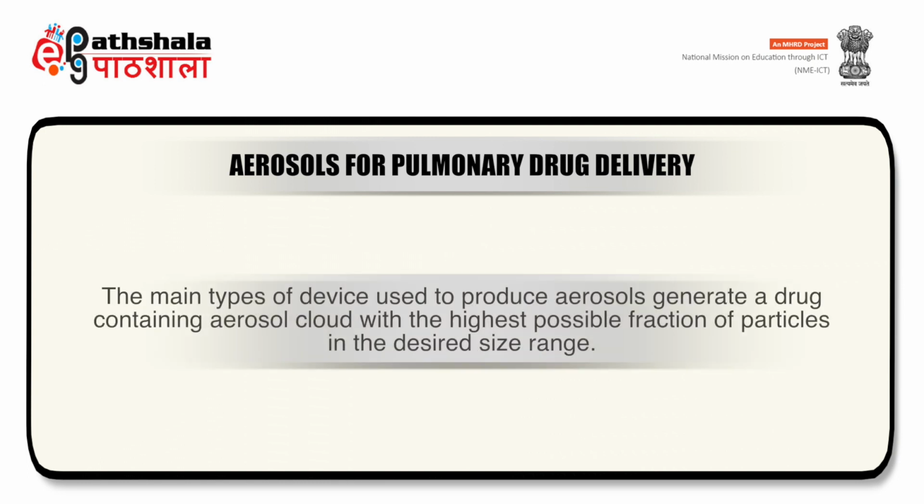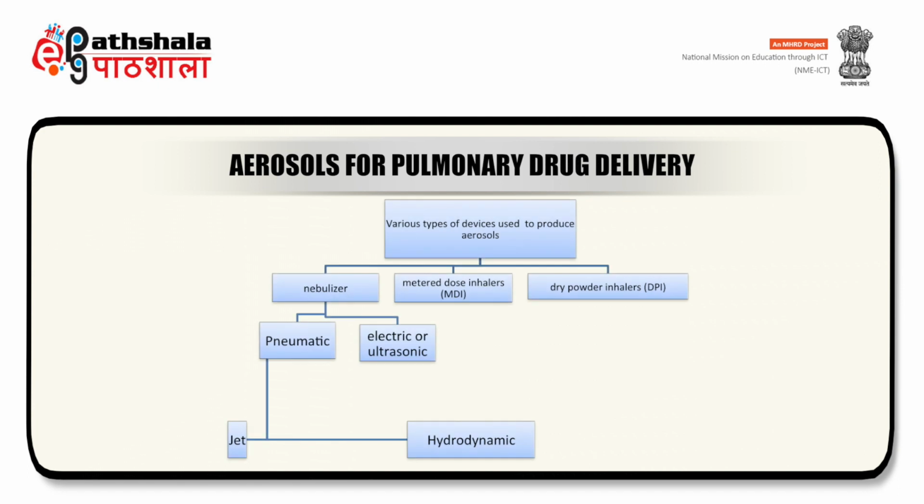The devices used to produce aerosols generate a drug-containing aerosol cloud with the highest possible fraction of particles in the desired size range. The various types of devices include nebulizers, metered dose inhalers, also called as MDIs, and dry powder inhalers, called as DPIs.